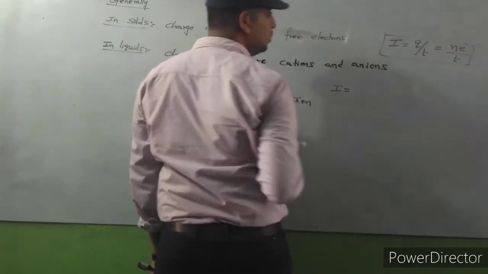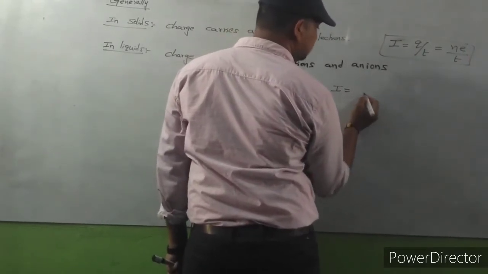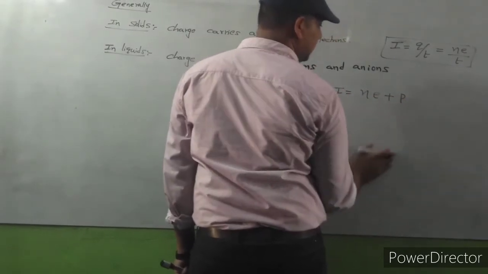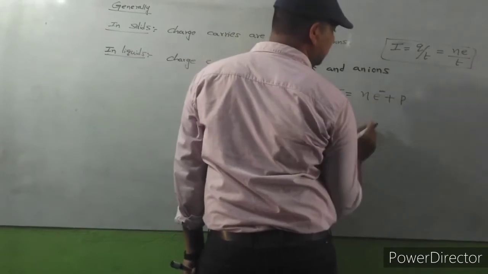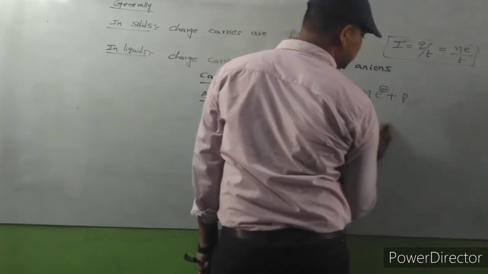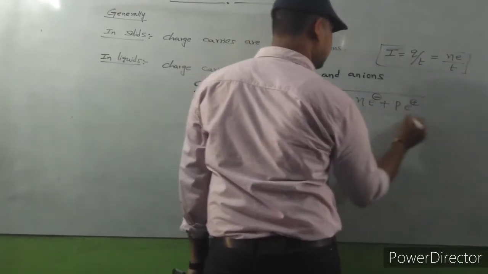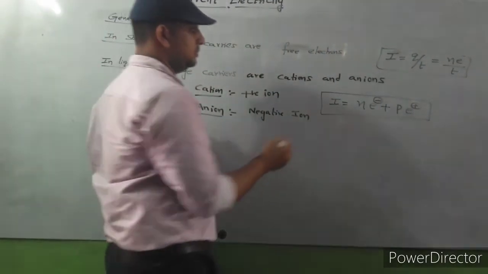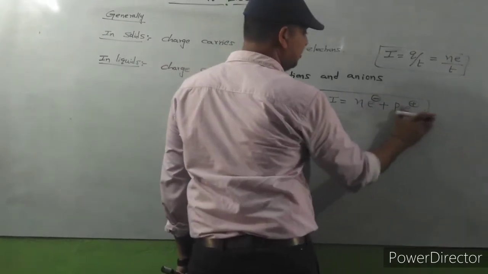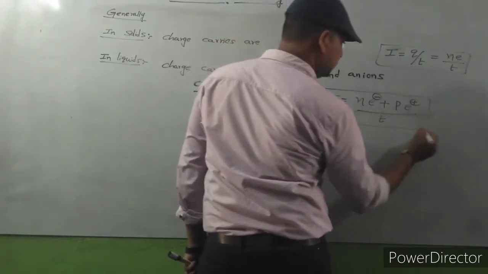So that is nothing but Q by T, where Q is equal to N into charge of electron plus P into charge of proton. Time is also important. This is a net charge by time.